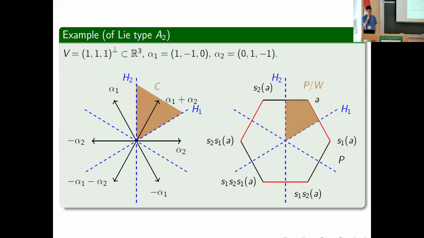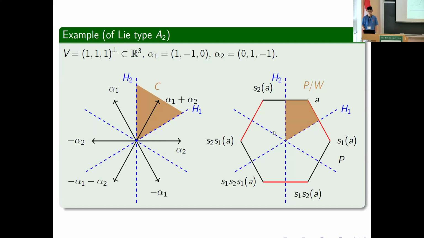Let's see an example. Still the example of Lie type A2. In the first picture, we have already seen those roots. Here, the brown area is on the same side of alpha 1, and it is again on the same side of alpha 2. So it is the fundamental chamber.